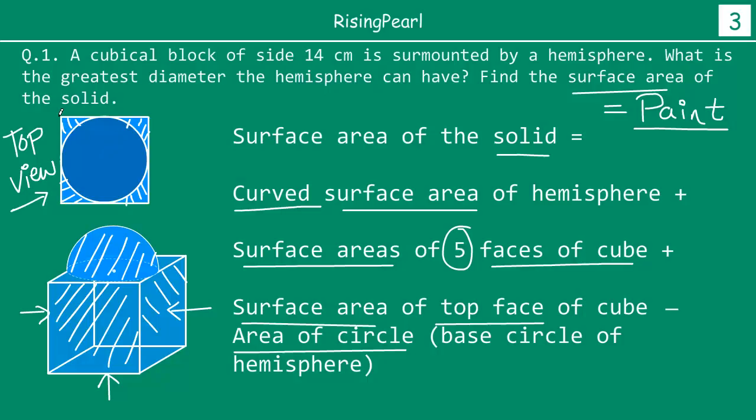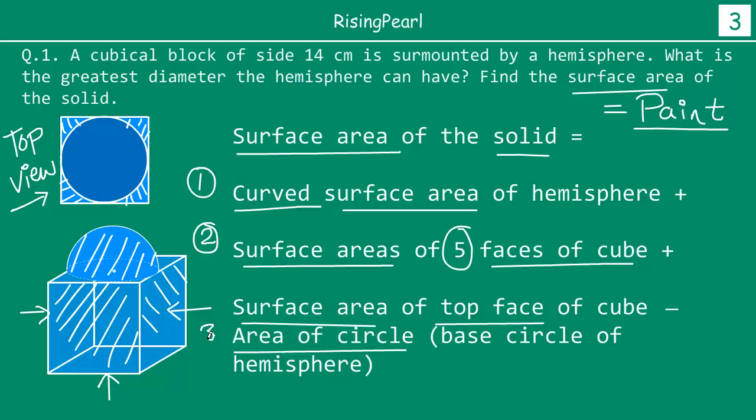So as far as the top face is concerned, remember, like we talked about, the surface area has 3 parts. 1 is the curved surface area of the hemisphere. 2, 5 faces of the cube: front, back, left, right, and the bottom.